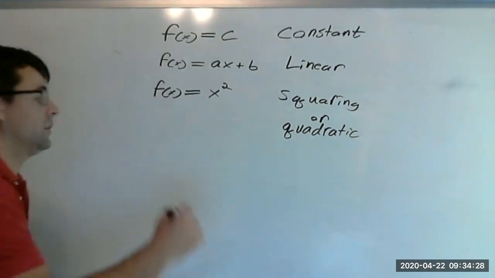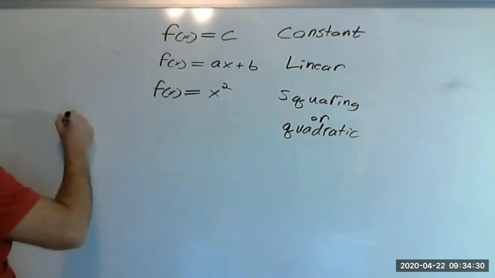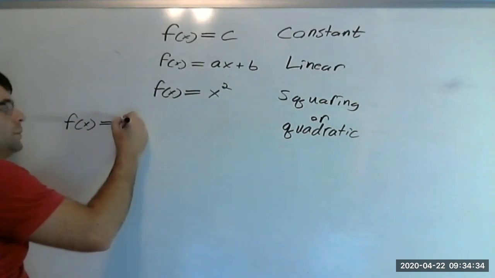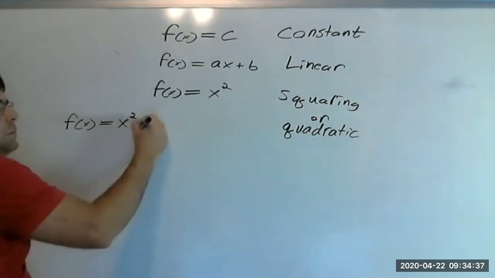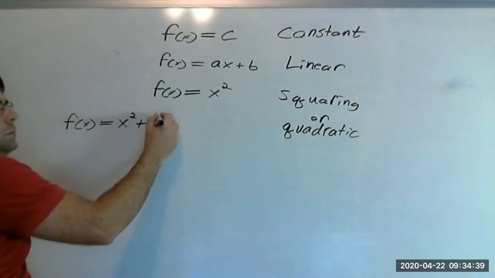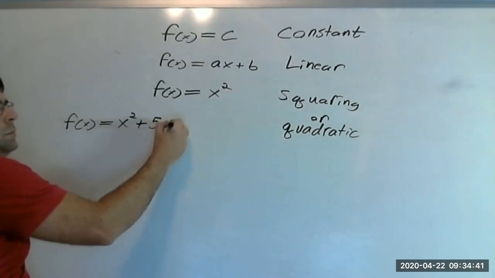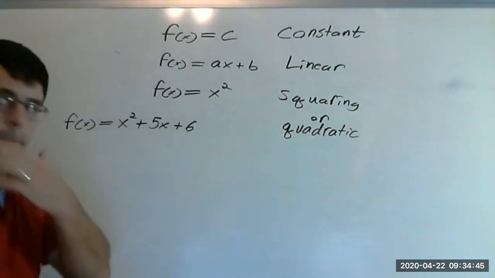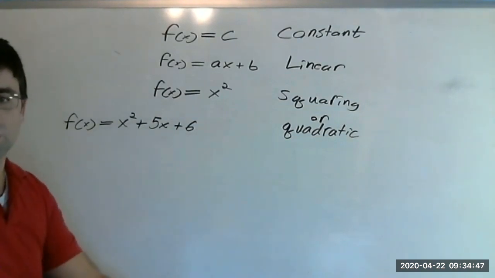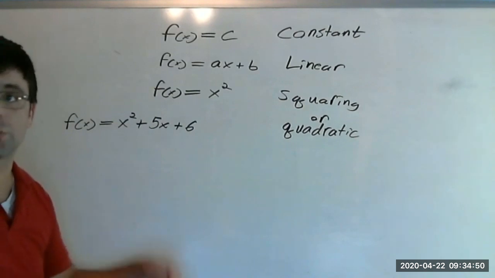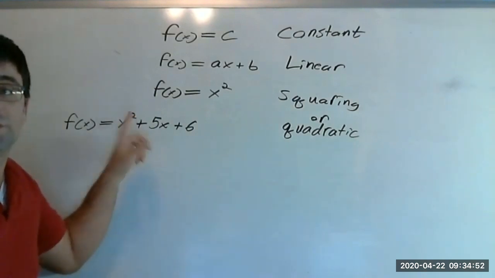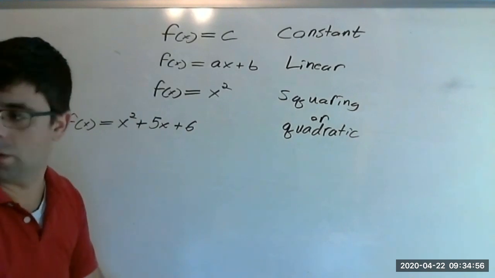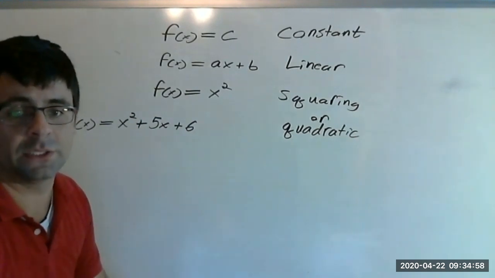You could have something like what we're a little bit more used to. Really, anything with a highest degree on the x of 2 counts in this class of functions.